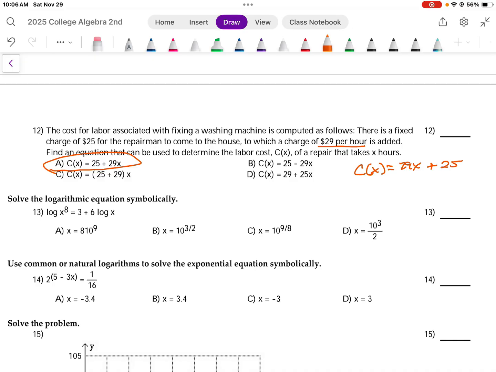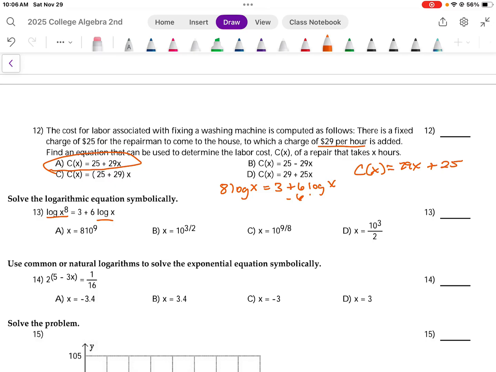All right, so now they want us to solve symbolically. We don't have to simplify, we just have to get x by itself here. I see x twice in the problem, and we need to get both of these on the same side so we can condense our logs. So we can rewrite this as 8 log x equals 3 plus 6 log x.